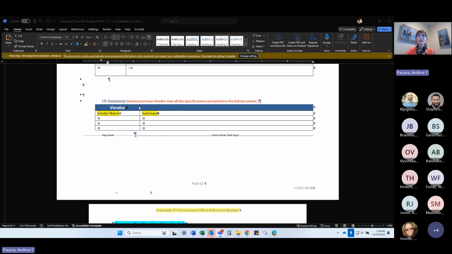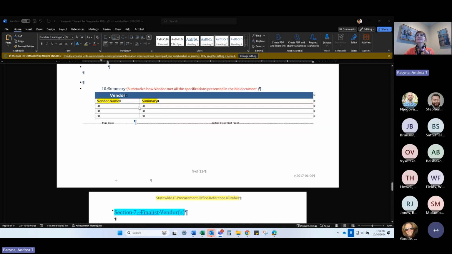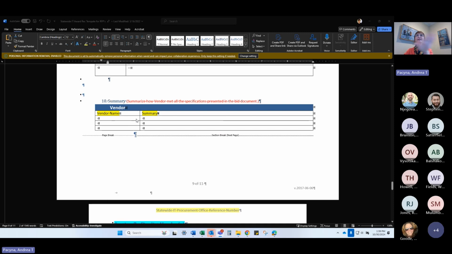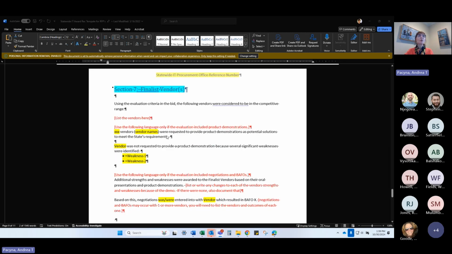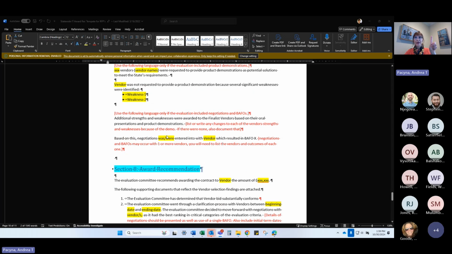Now, you're probably laughing because right now I'm thinking, okay, so here's the summary. This is the summary of the evaluation. I kind of jumped ahead, by the way. There could be finalist vendors where, well, there's the top 3 and we want to do a demo, and then you have to memorialize what happened in the demo, summarize it, and then say, well, from the top 3 that we demoed, this one came out on top and we started negotiating with them.